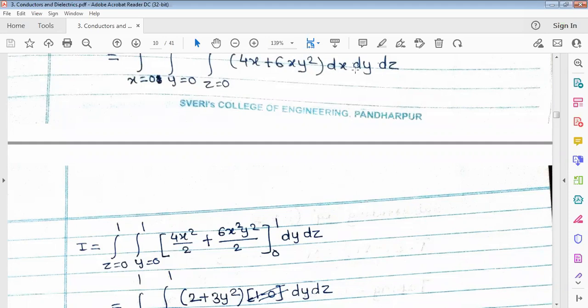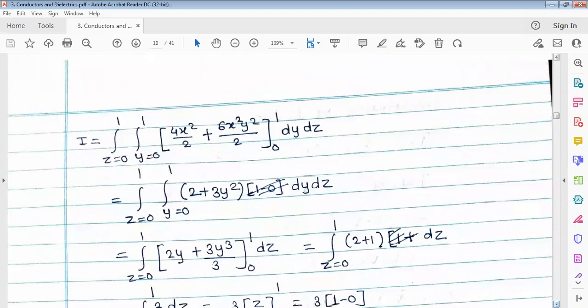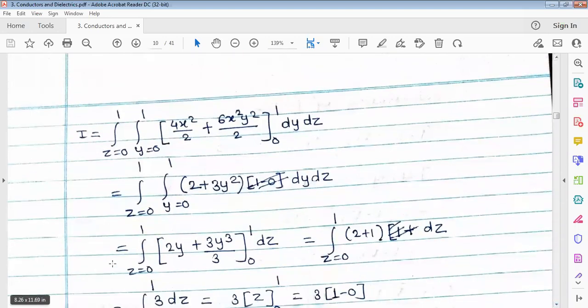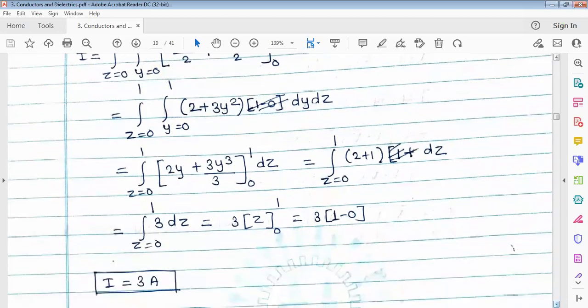And this dy and dz will remain same. The limits will be from x is equal to 0 to x is equal to 1. Therefore, it is equal to z from 0 to 1, y from 0 to 1 of this. Just to solve this, it is 2x square plus 3x square y square into dy dz.